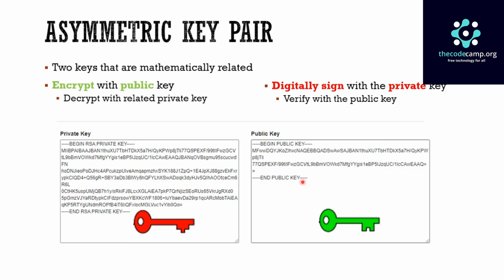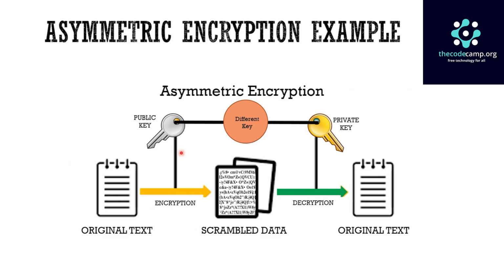You have some original file, whatever it is. You have the two keys that are mathematically related. You use the public key to do the encryption, but then you use the private key to do the decryption. Now, this means that if somebody wants to send you something, they don't use their key, they got to use your key.